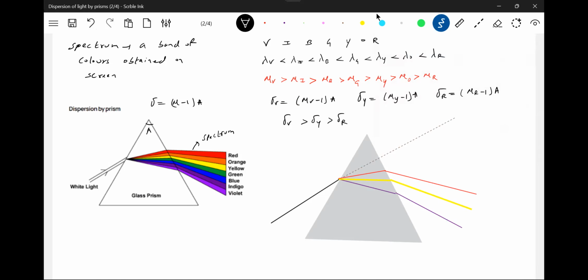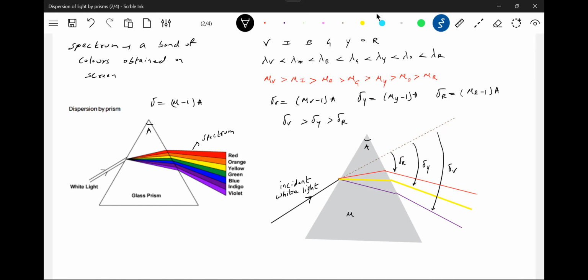Now we'll compare the deviation. This is the incident white light. This is a small angle prism. The deviation suffered by this will be red, yellow, and this is violet.